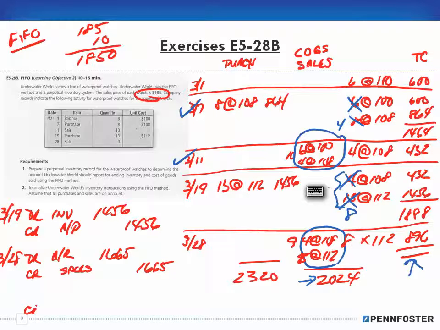So I'm going to credit my inventory, and the amount that I'm crediting is the 4 at 108, which is 432, and 5 at 112, which is 560. So that's 992 is how much I have to take out of inventory. So I credit my inventory 992, and debits have to equal credits, so I'm going to debit cost of goods sold for 992. Okay, so that's it for this exercise.